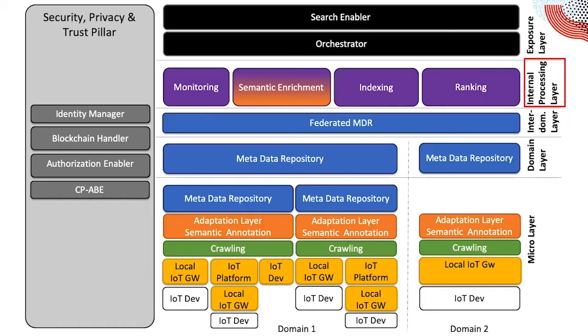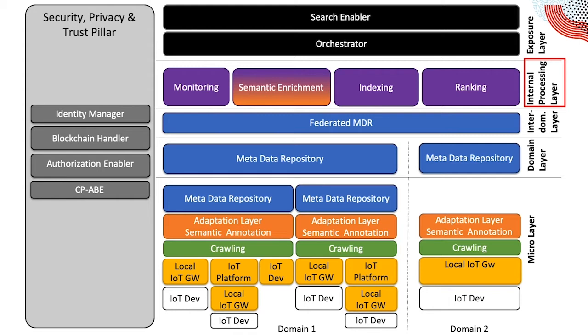The internal processing layer's purpose is to process the information registered from the micro layer to extend it, adding metadata, and to provide an agile way to search over this information by creating indices and also a ranking operation.